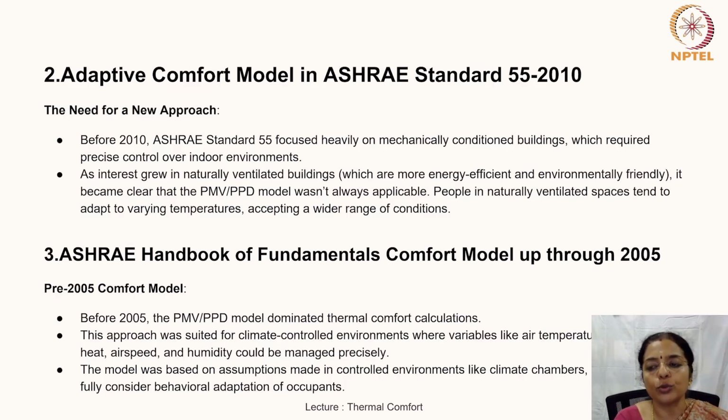This approach was suited for climate controlled environments where variables like air temperature, radiant heat, air speed and humidity could be managed very precisely, because these were air conditioned environments. You have to set it on your remote. The model was based on assumptions made in controlled environments like climate chambers, and it did not fully consider behavioral adaptation of occupants. That was its flaw.